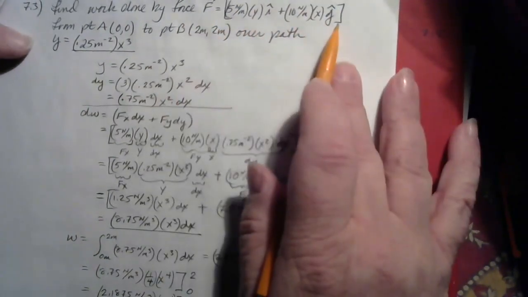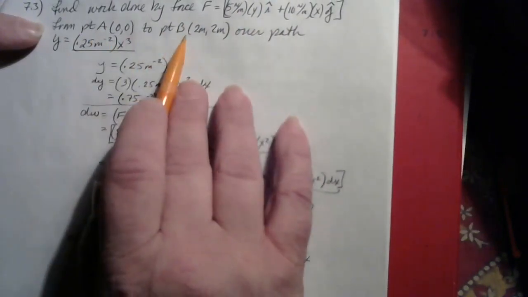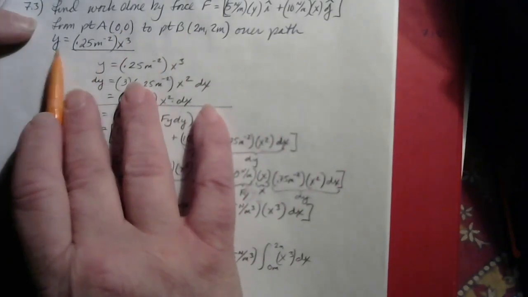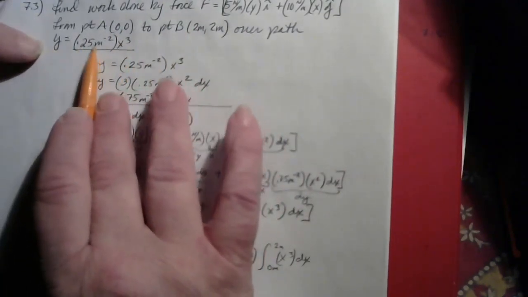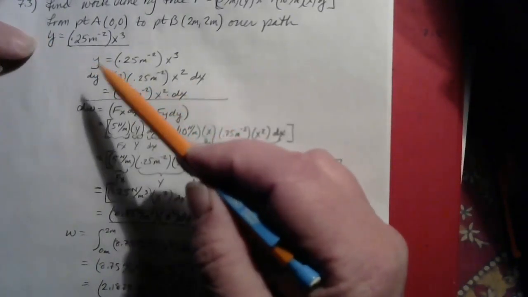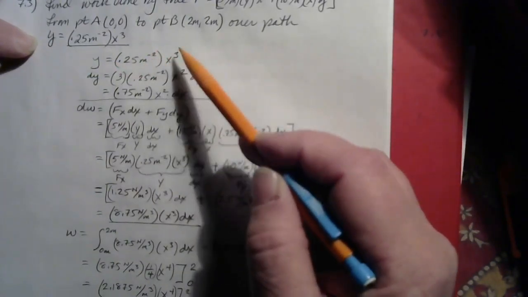That's actually the same force as the last example, from point A to point B, and points A and B are the same, but the path function is now y equals 0.25 meters to the minus 2 times x to the third.